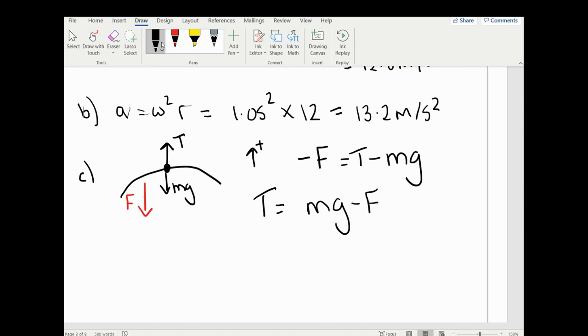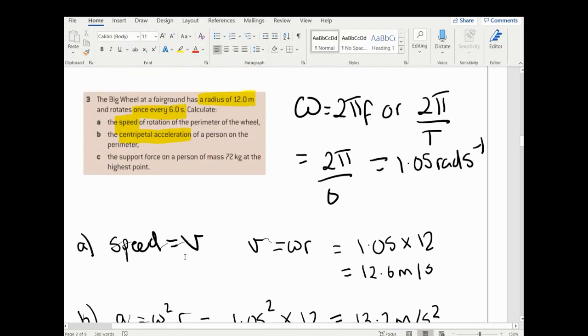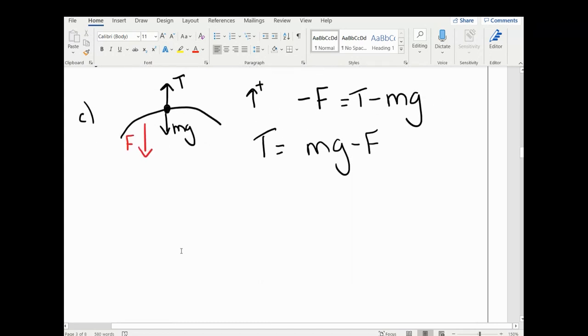So if I go up here and they say that it's a 72 kilo person, I know that F equals mv squared over r. So the centripetal force is mv squared over r.